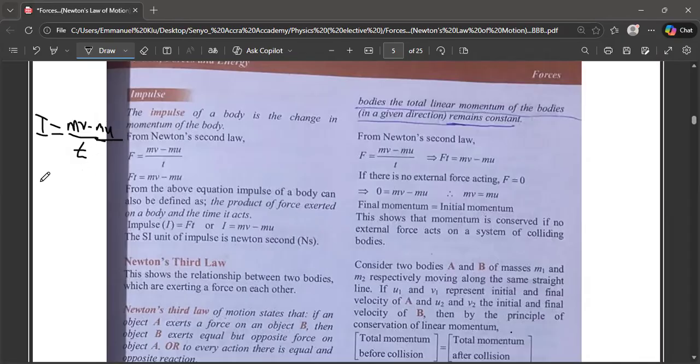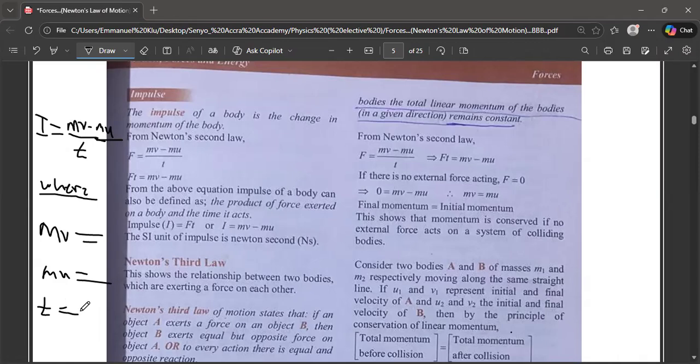Then you say where, and you underline it. Then you tell him what mv is, what mu is, and what t is. In this case, mv is the final momentum, mu is the initial momentum, and t is the time taken. Is that not all? Yes.